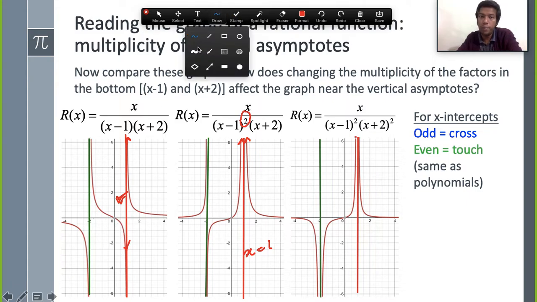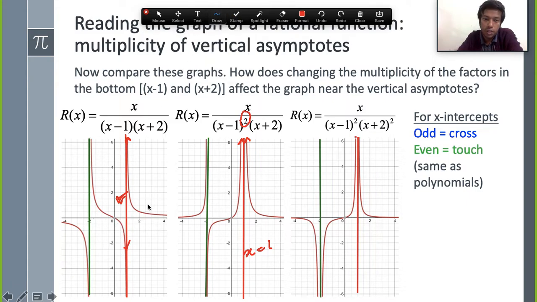Okay, if the power is odd, then this graph is going up, then this side of the graph is going down, for that vertical asymptote. So for one asymptote, if one side is going up, another side is going down, that means the power is odd. For one asymptote, if both sides are going up or both sides are going down, then it is even power.